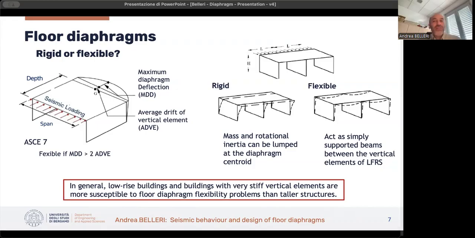In case the diaphragm is flexible, it will behave like a simply supported beam between the vertical elements of the lateral force resisting system. In general, low-rise buildings and buildings with very stiff vertical elements are more susceptible to floor diaphragm flexibility problems than taller structures.